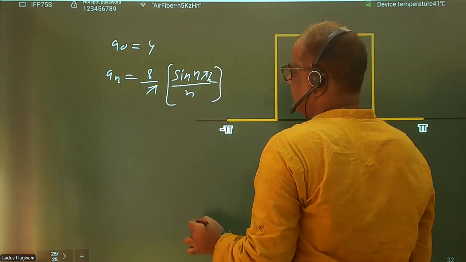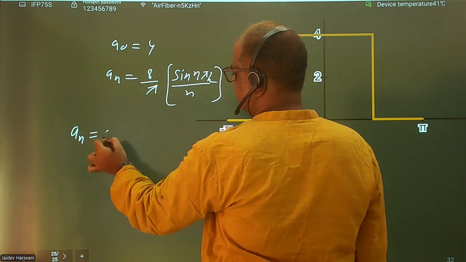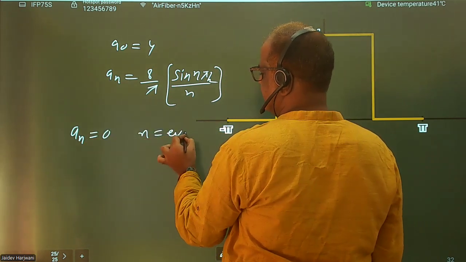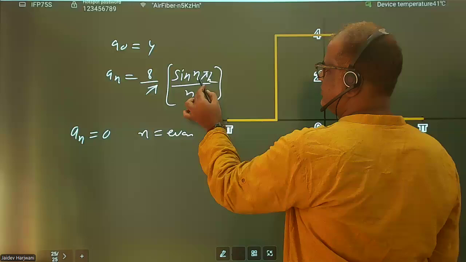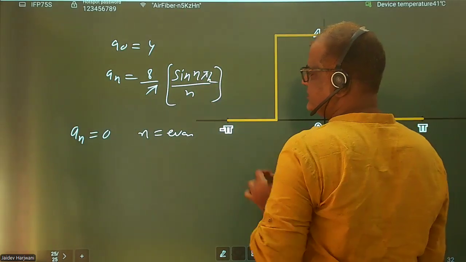Now if n is even, my an will become 0. If you put n as 2, 4, 6, this will become 0.